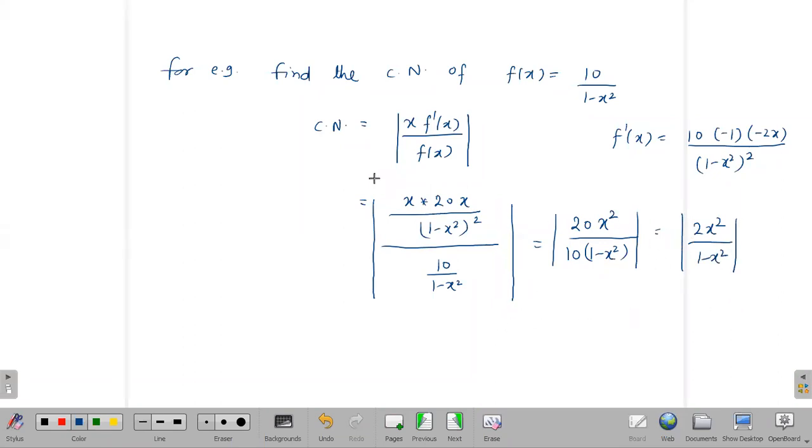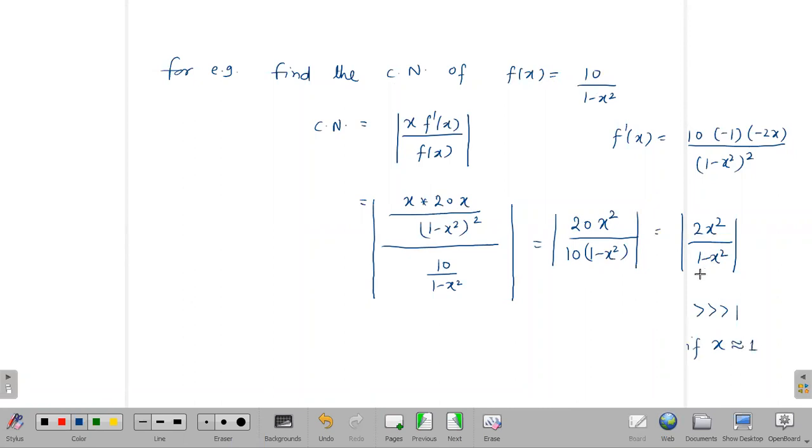So now here you can see the condition number is 2x square by 1 minus x square. If any particular value is given to you, then you can find the condition number. According to that value, you can determine whether the problem is well conditioned or ill conditioned for this function. You can see it will be far greater than 1 when you take x near to 1.